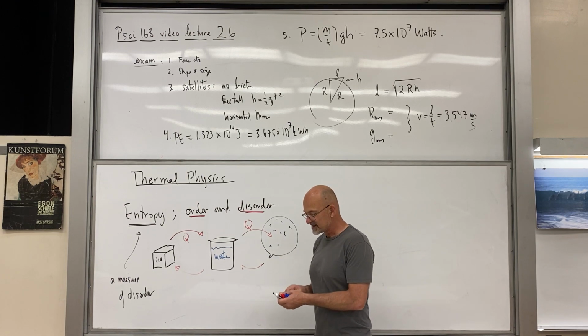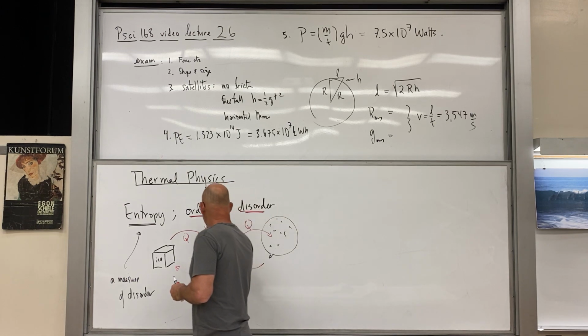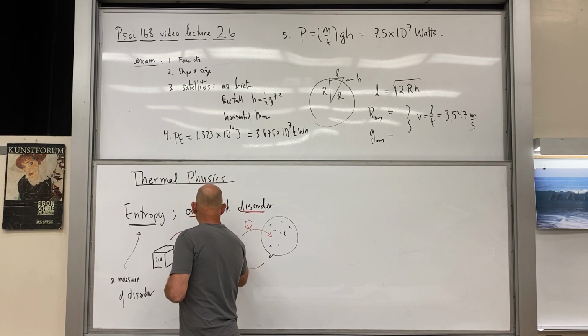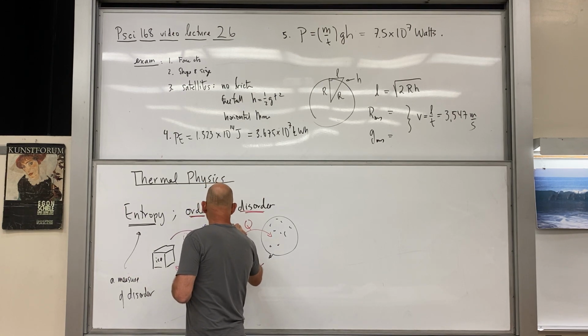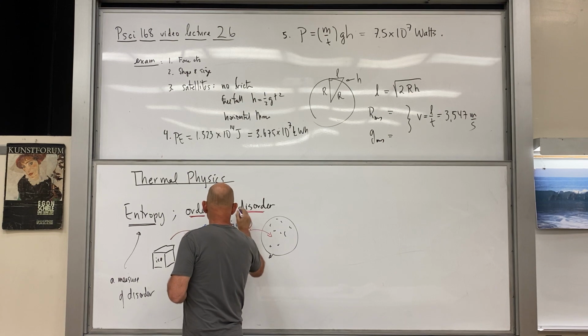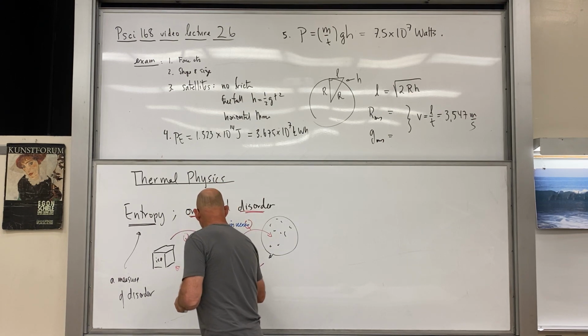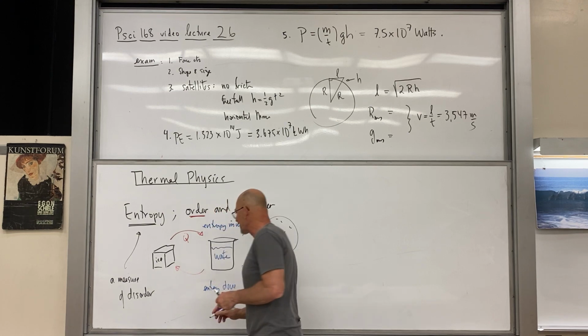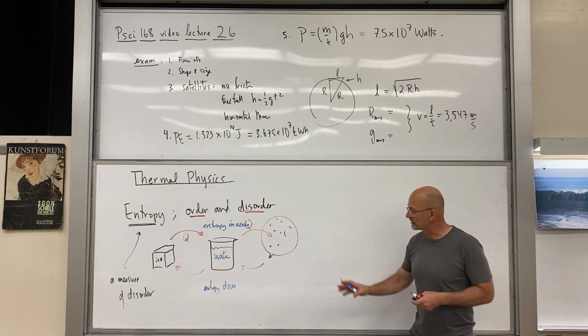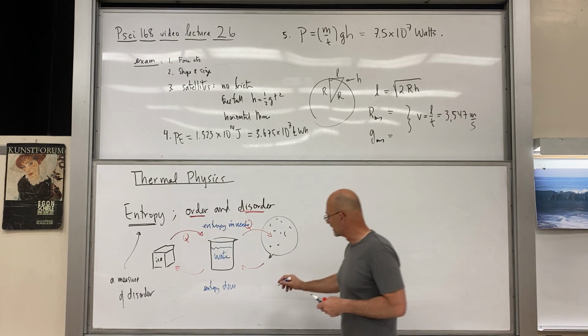So up here, entropy is increasing. Increases. And down here, the entropy is decreasing. So yeah, it's nice we can put it in the context of our states of matter.